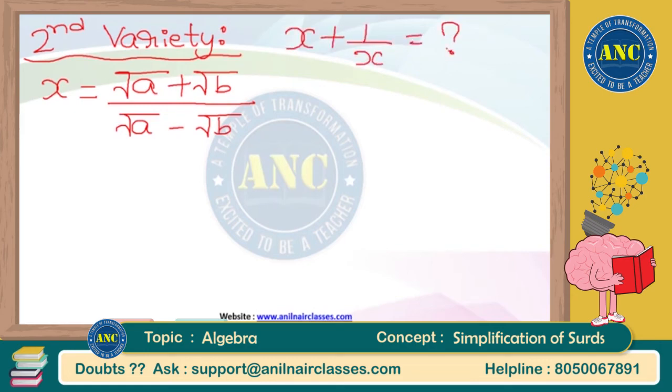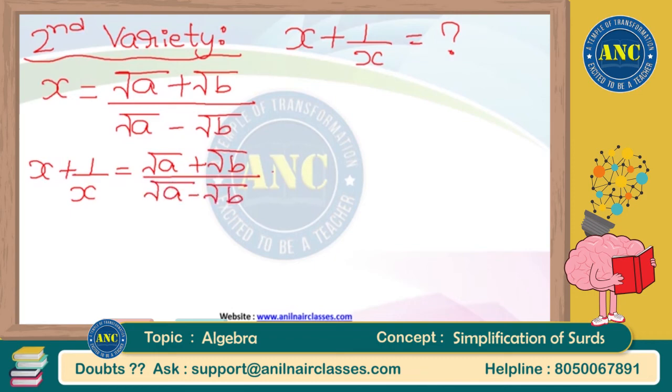I want to find x plus 1 by x. Now listen carefully, sir. X plus 1 by x is equal to, x is nothing but root a plus root b divided by root a minus root b. 1 by x is the reciprocal of it, root a minus root b divided by root a plus root b.